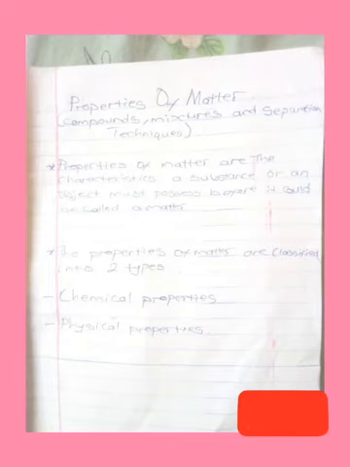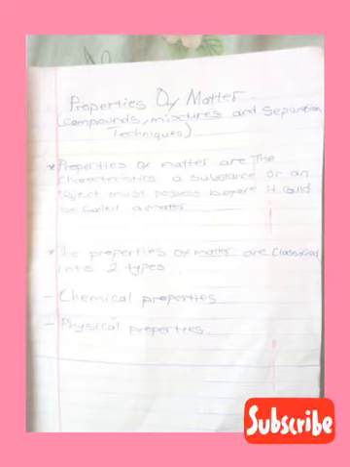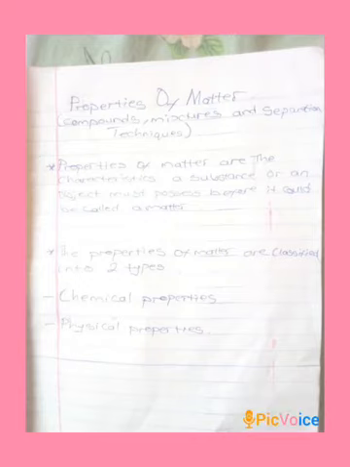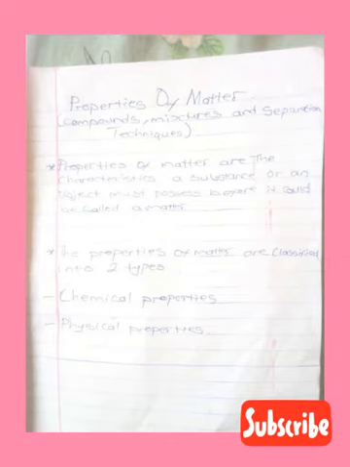That is, it is a change that occurs permanently and cannot be reversed into its original state. It is the change of one type of matter into another type permanently.